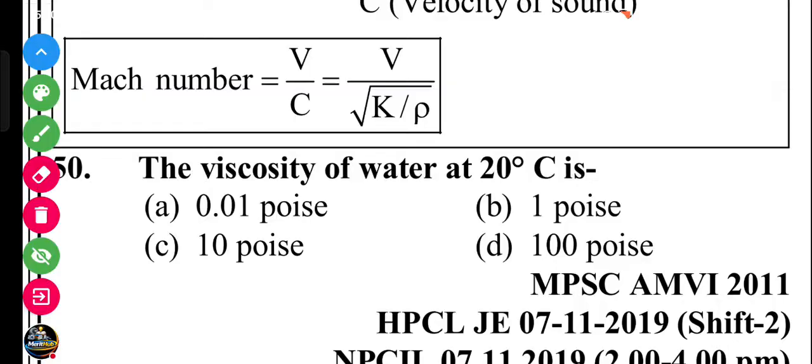The viscosity of water at 20 degrees centigrade in ideal condition, NTP, normal temperature and pressure. What is the viscosity of the water? The viscosity unit is poise. So 1 poise. Let's check the answer.